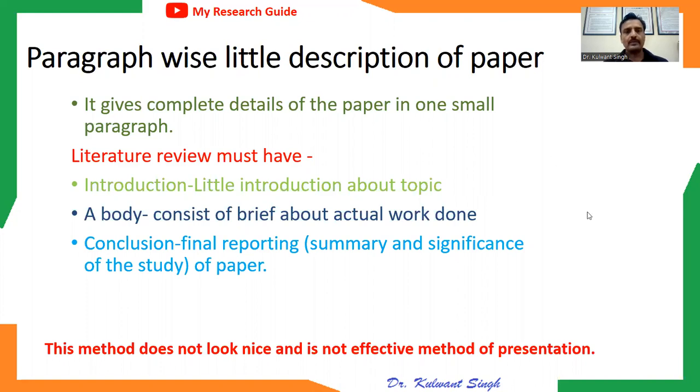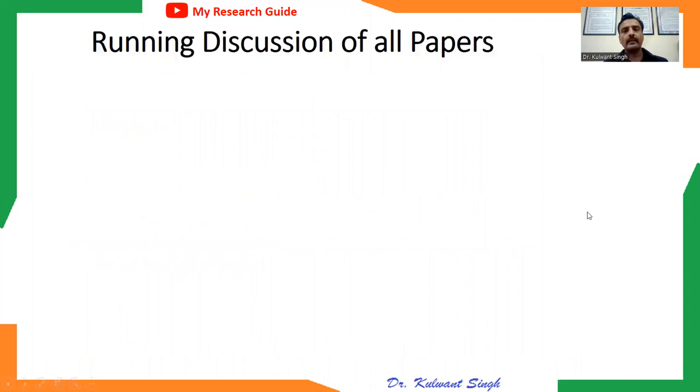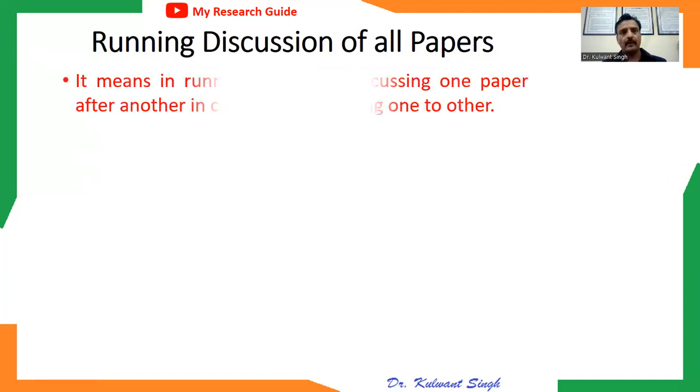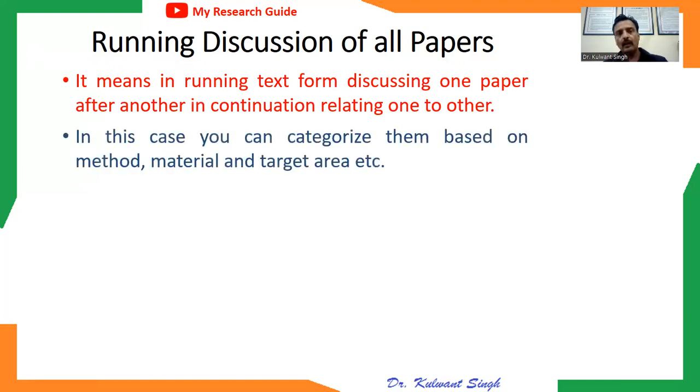The next approach is the running discussion of all the papers. Suppose we have selected 20 papers for our synopsis. We will start writing the literature in a running discussion as per the topic. It means in the running text, we discuss one paper after another as a continuation, related one to the other.